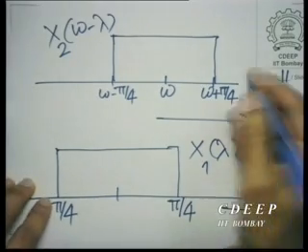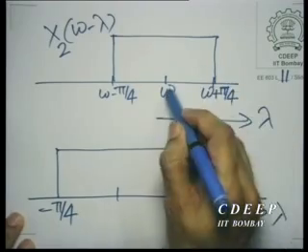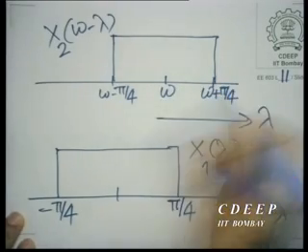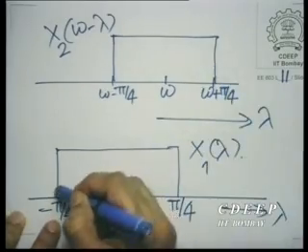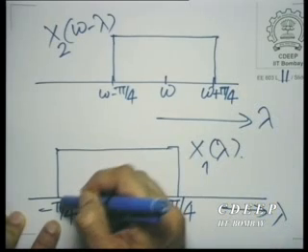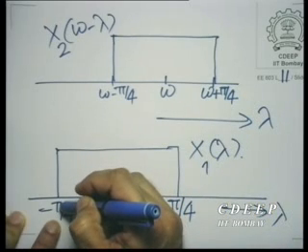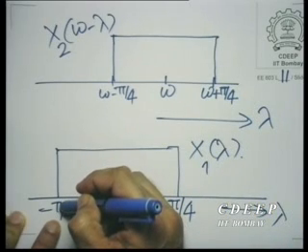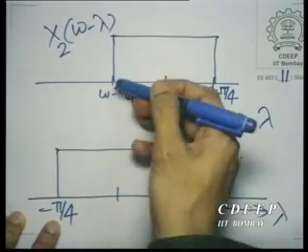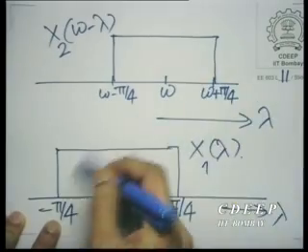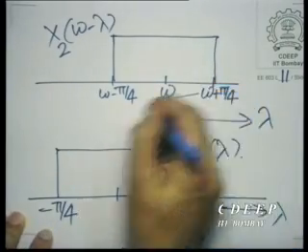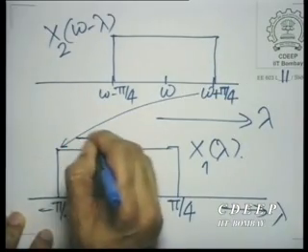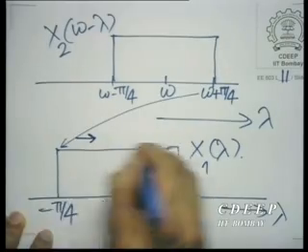Anyway, what would happen as omega moves from a point where omega plus pi by 4 is equal to minus pi by 4? When this point is here, omega plus pi by 4 is equal to minus pi by 4. In other words, omega is equal to minus pi by 2. At that point you can visualize this comes here and it moves as omega moves in this way.